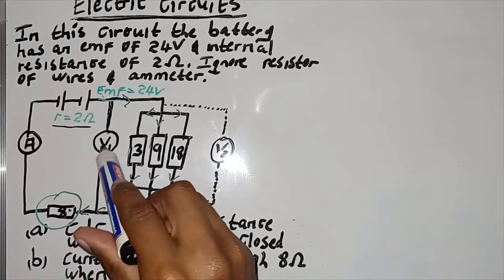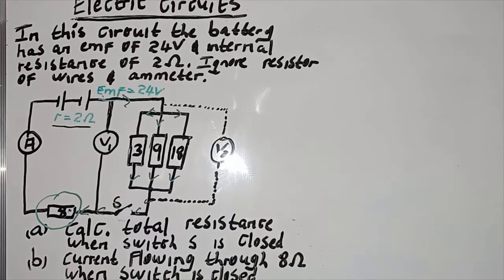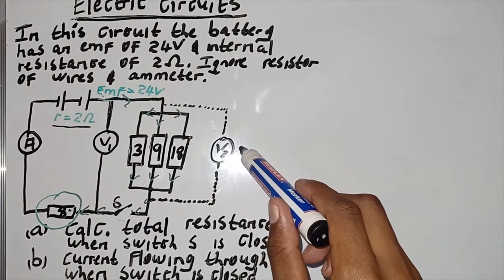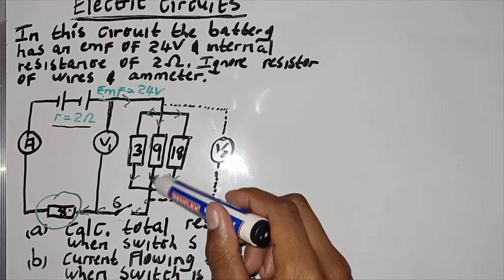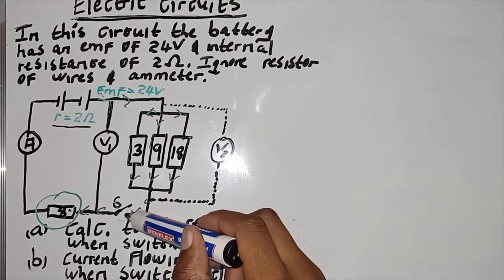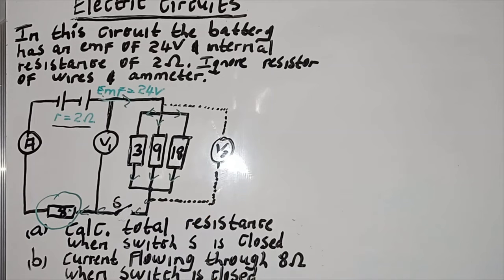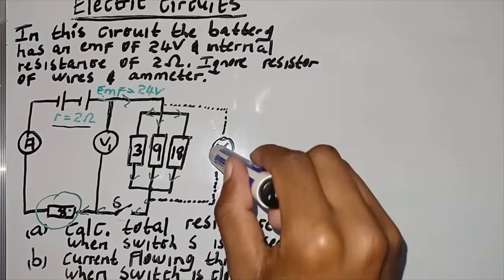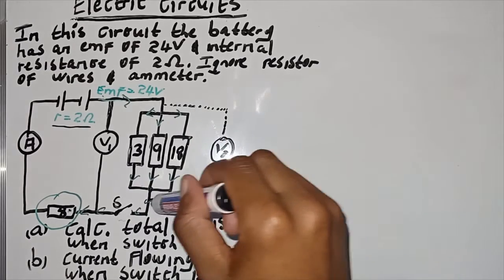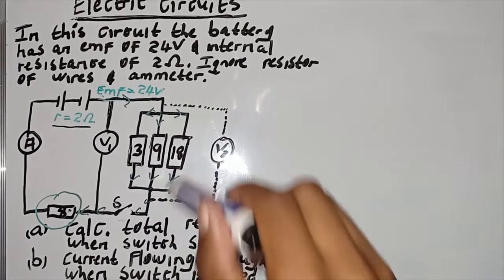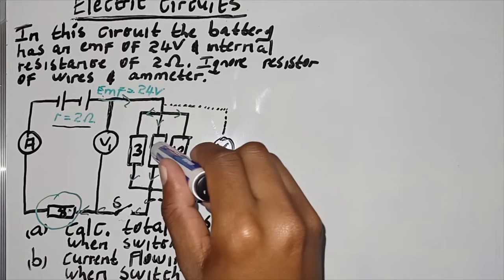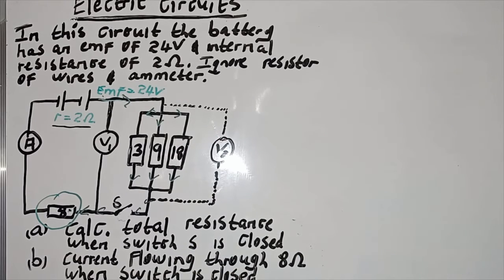It means that V1 is going to read 24 volts, and then V2 is going to read 0. Why? Because no current is going to flow since our switch is open. This V2 is connected across our parallel resistors, so it is going to measure the voltage across them. Okay, so now let's go to questions.